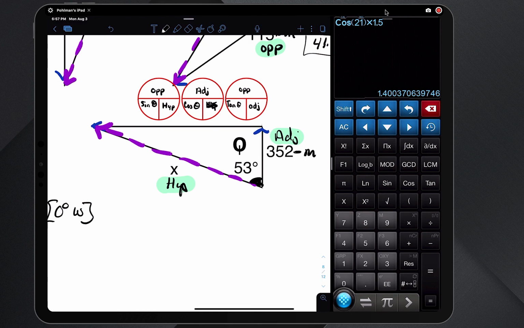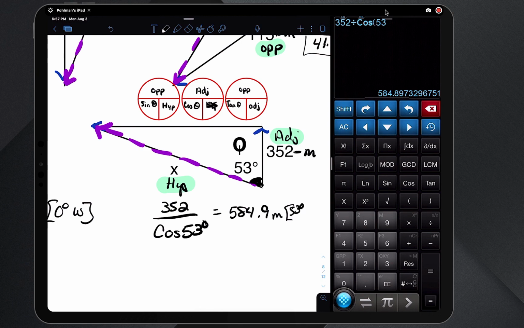That means I have to take the adjacent side of 352 and divide it by the cosine of my angle, 53. We have 352 divided by cosine 53 equals a value of 584.9 meters, and this would be 53 degrees south of west.